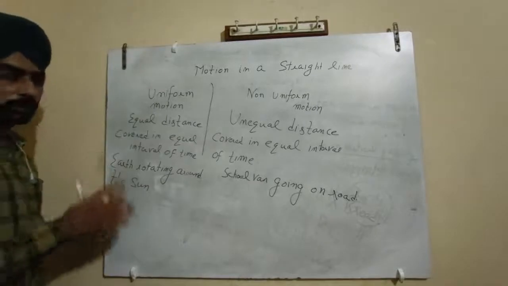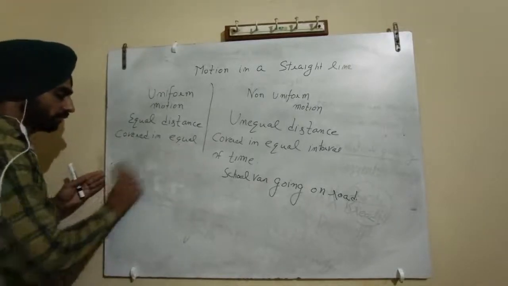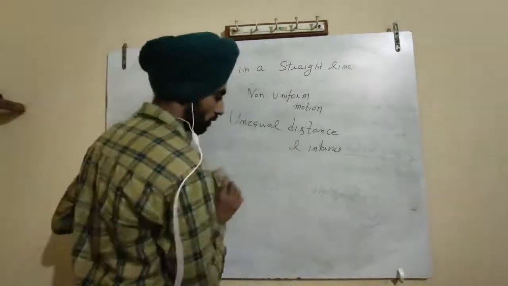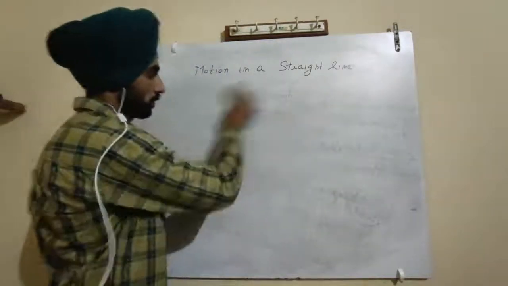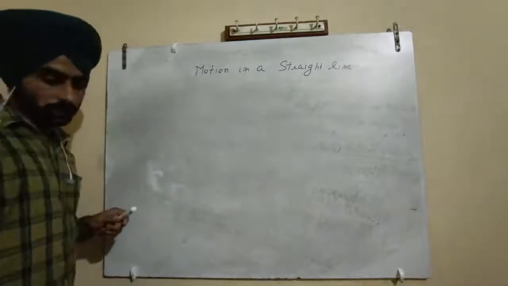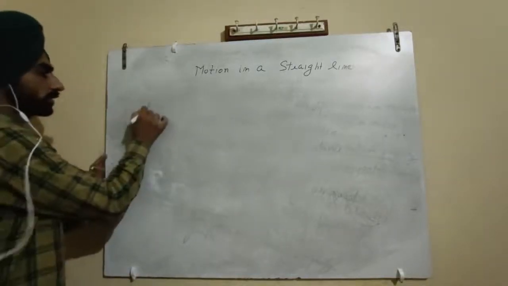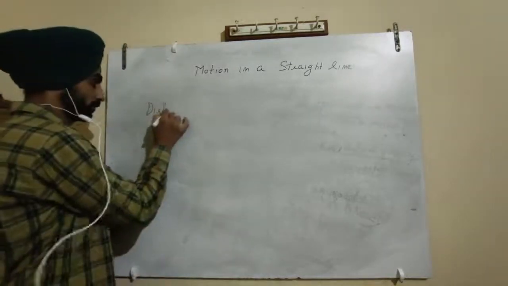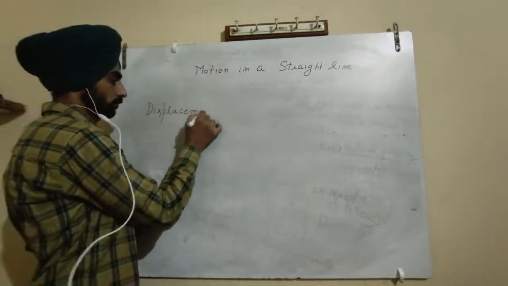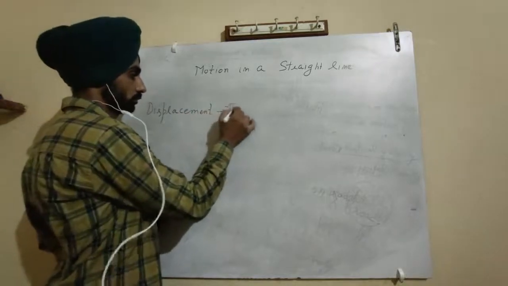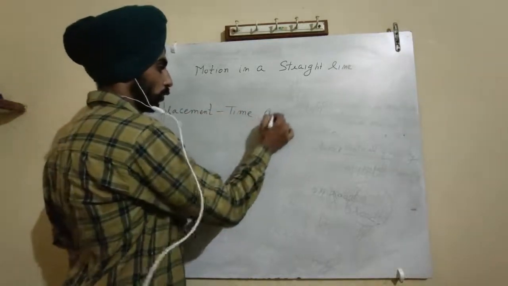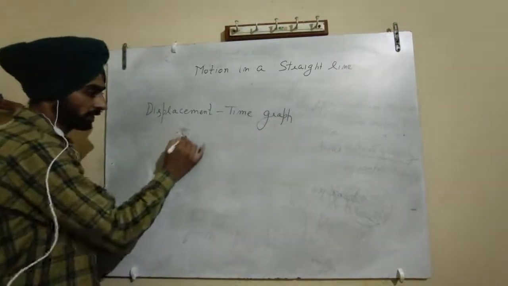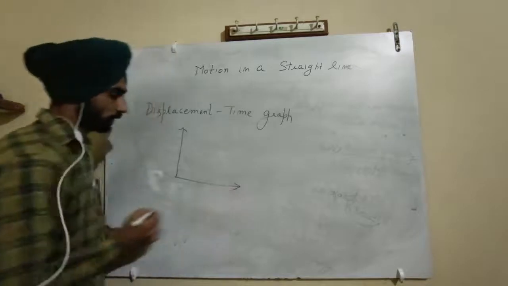So we are moving on to the second concept, that is the displacement time graphs. Note down this heading: distance time graph, or displacement time graph. On the y-axis you will take one quantity and on the x-axis you will take another quantity.